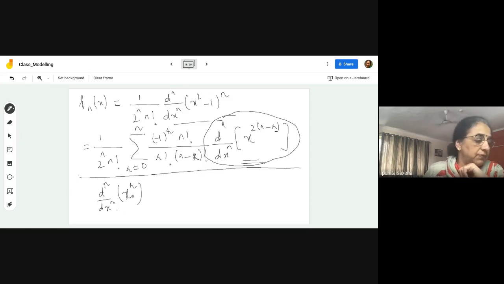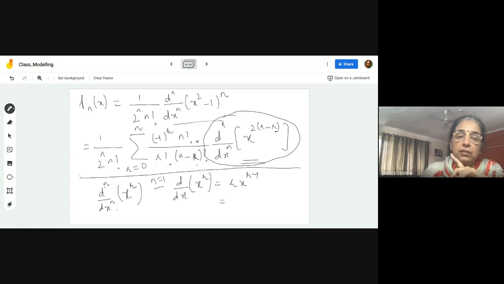How does it behave? When n is 1, that means the first derivative of x to the power r, what is that? r x to the power r minus 1. Now, because I have factorials here, I would like to express this as a factorial again.